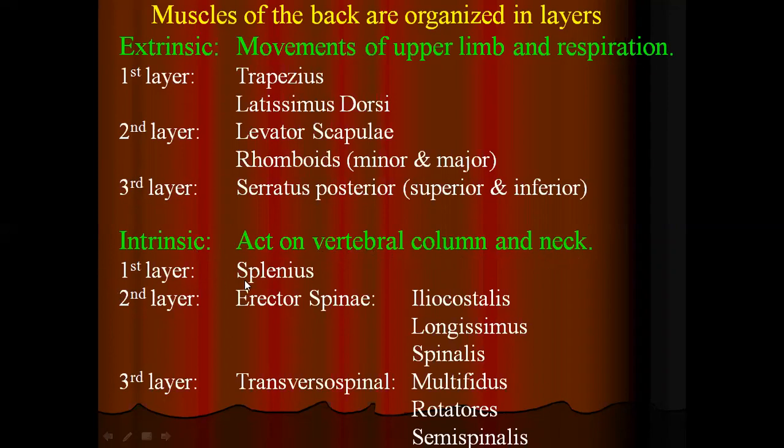In this, the first layer we saw splenius capitis and cervicis. Second layer, we saw erector spinae: lateral, intermediate, and medial, iliocostalis, longissimus, and spinalis. Third layer is the deepest one, transversospinal. We have multifidus, rotators, and semispinalis.